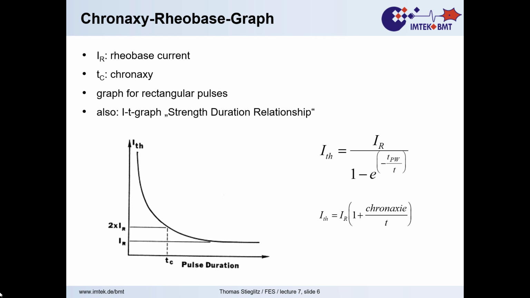And then there's a definition that tells us if I take twice the rheobase current, I call this pulse width then the chronaxie, TC. And we see in one of the following slides that this makes sense for another reason. But these are the two parameters that we have.